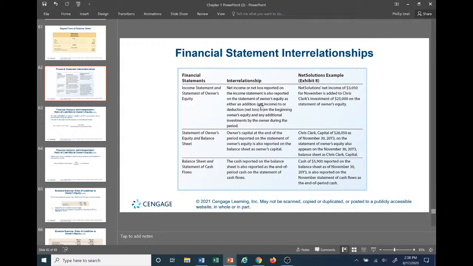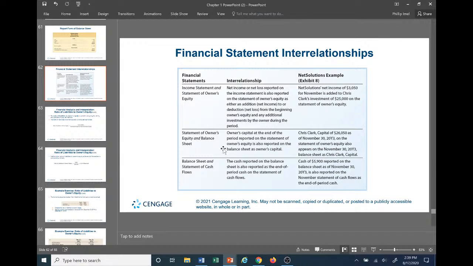We saw that already. This is just giving you the text version of it, so you can see it both ways. Net Solutions' net income of $3,050 for November was added to Chris Clark's investment of $25,000 on the statement of owner's equity. So we saw this.